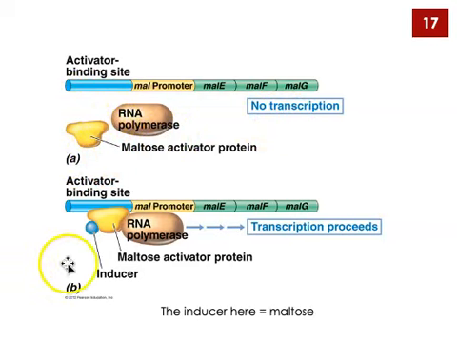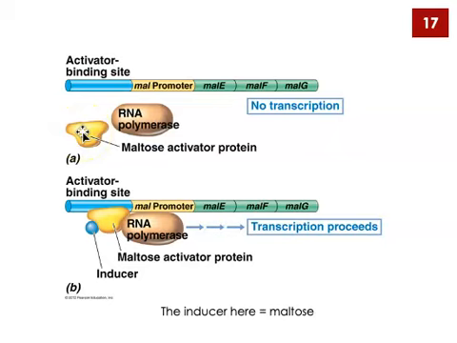But now let's imagine that maltose is around. They've drawn the maltose as this little blue circle, and they've labeled it as an inducer. The presence of maltose is going to induce the transcription of this gene. And how it works here is that the maltose will bind to the activator protein and cause the activator protein to change shape.